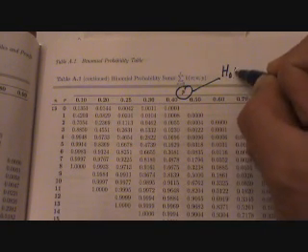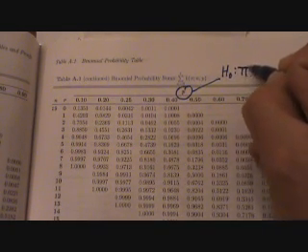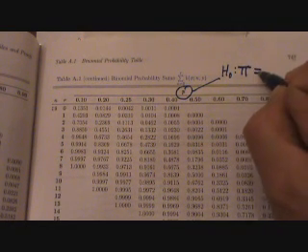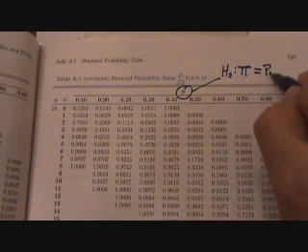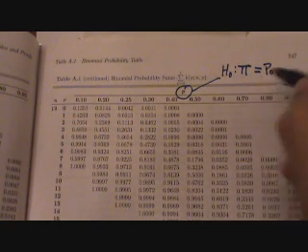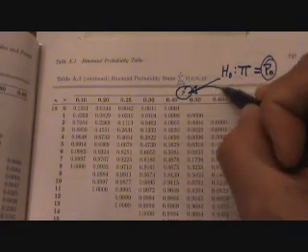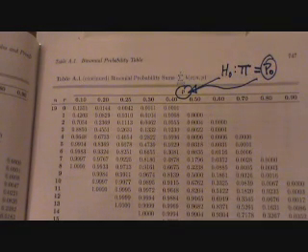So recall, we're testing that our population proportion is equal to a given value. And this value of P0 is what we'd be looking up in our table of A1.